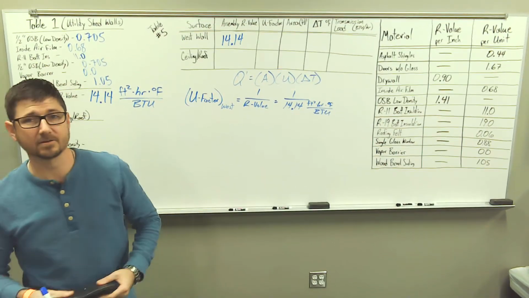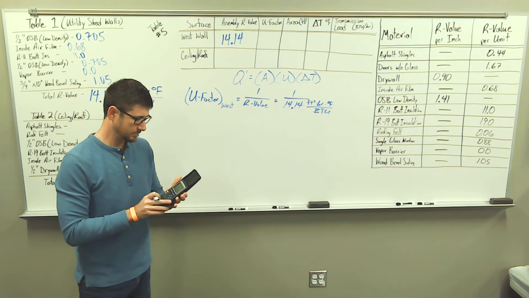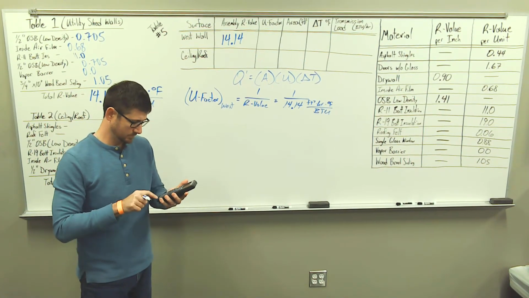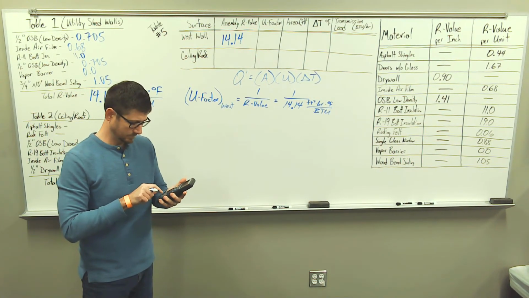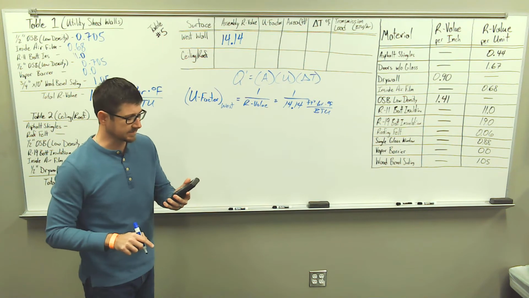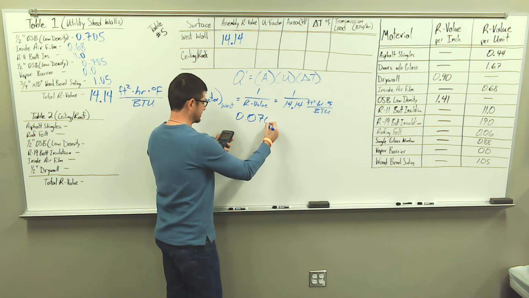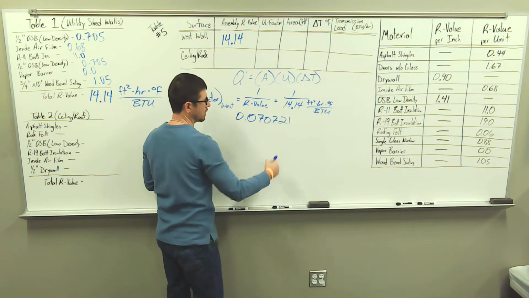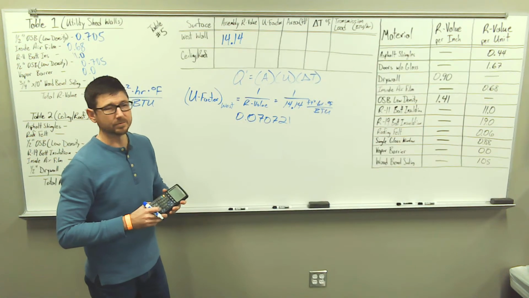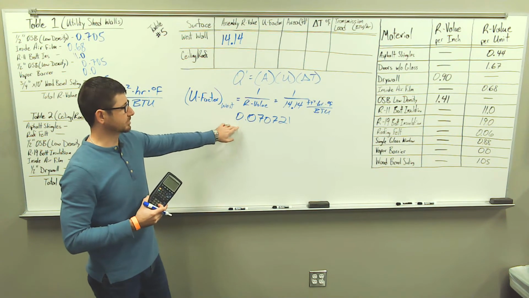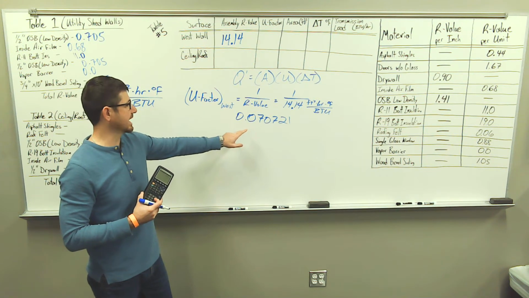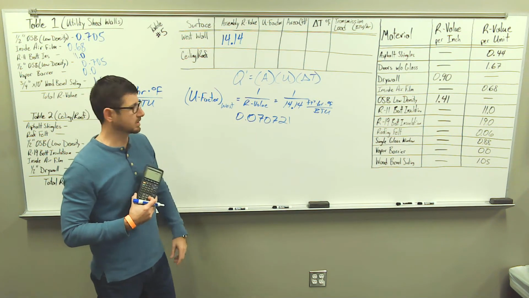Let's get out our calculator. I get 0.070721. For the U factors, we are always going to truncate to the thousandths place.